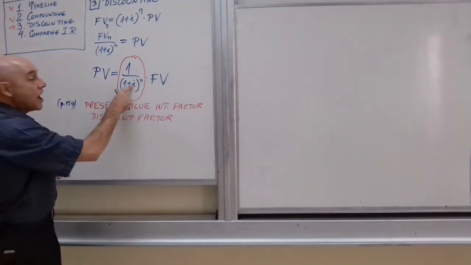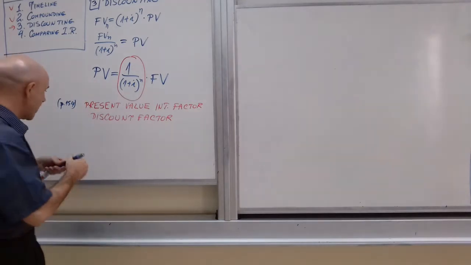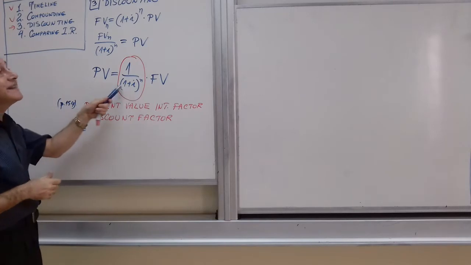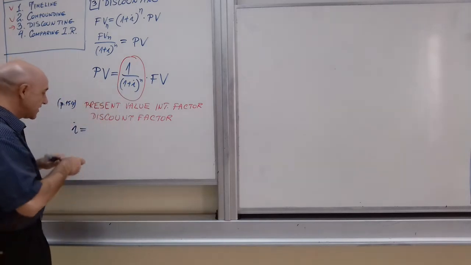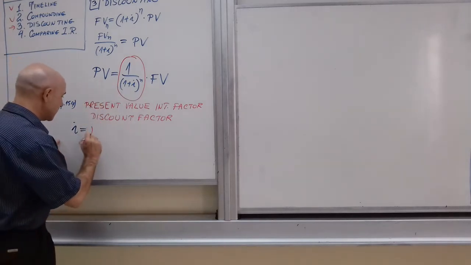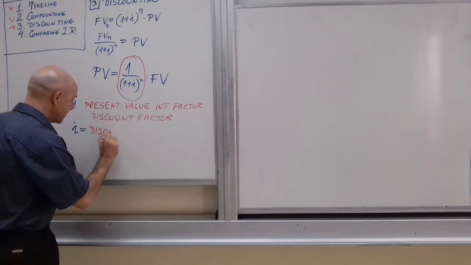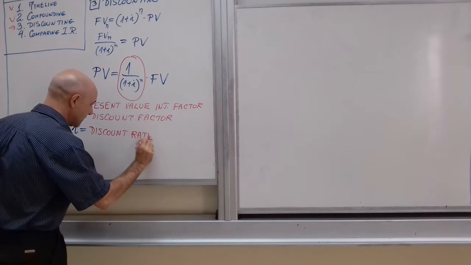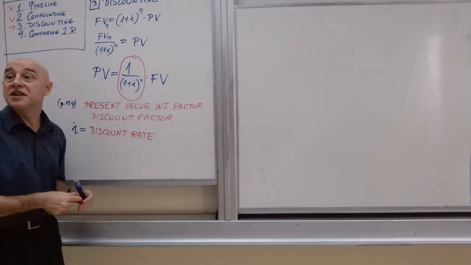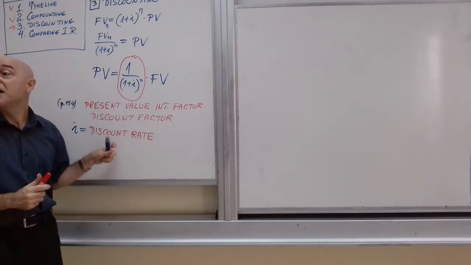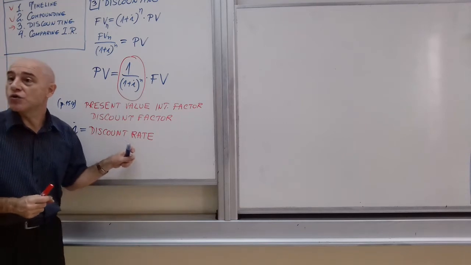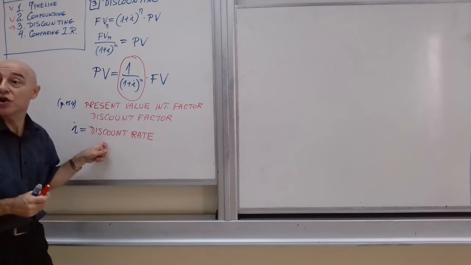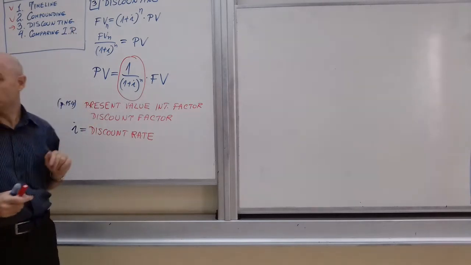This thing here, the interest rate, I, is actually called a discount rate. Discount rate is the interest rate used to calculate present value, or used to discount.